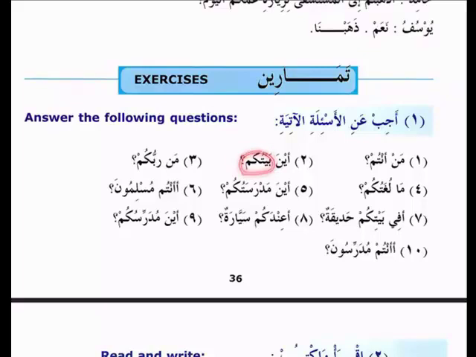Where is your house? How will you say? Our house is in wherever you live. You can say our house is in this place. Then man rabbukum, who's your Lord? Our Lord is Allah. So how will you say Rabbuna Allah? Then ma lughatukum, what is your language? Our language is lughatuna. So this will be your homework.